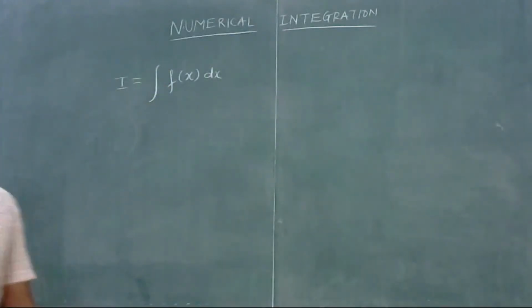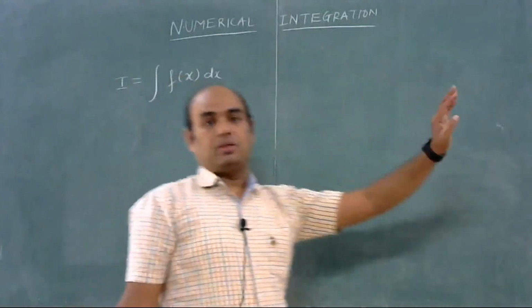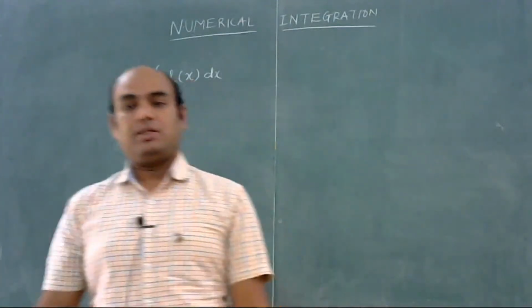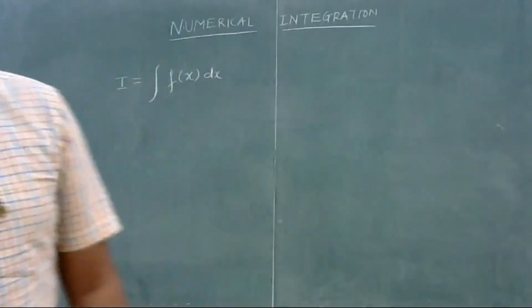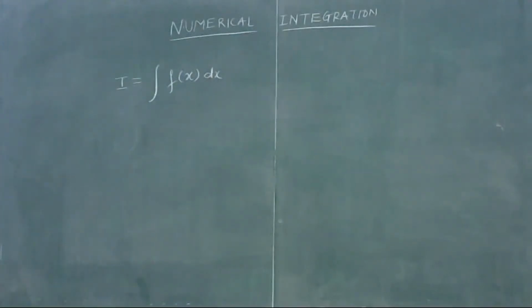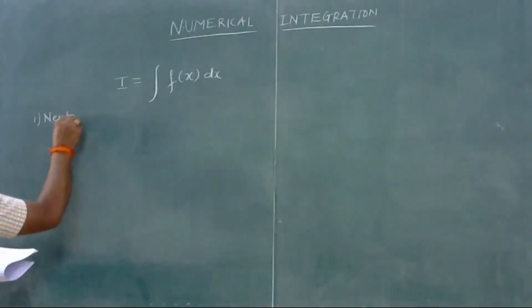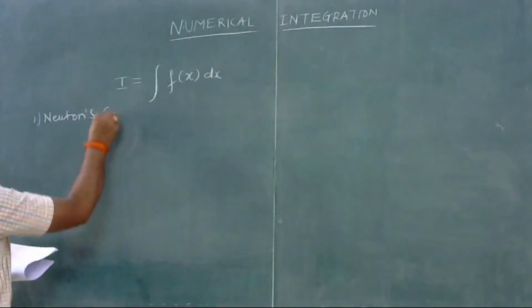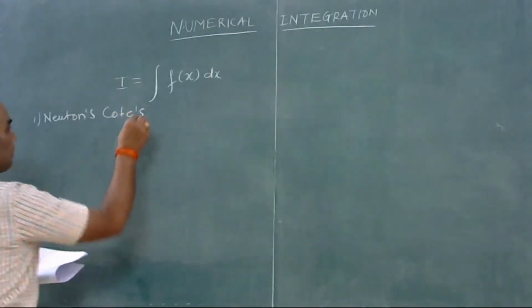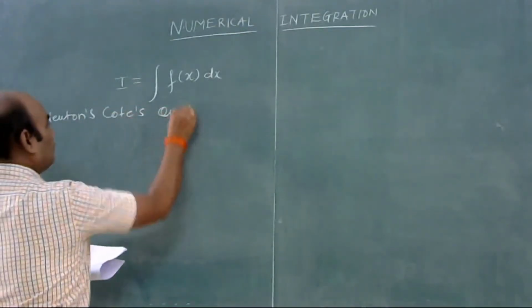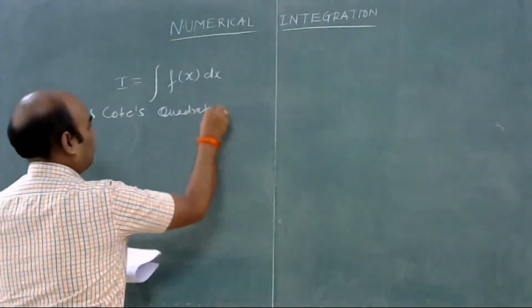Okay. So, in order to study numerical integration, we will see the first method. It is Newton's Cotes quadrature formula.